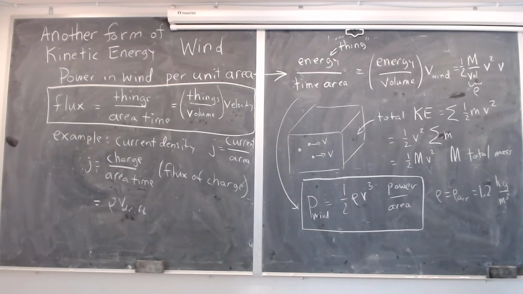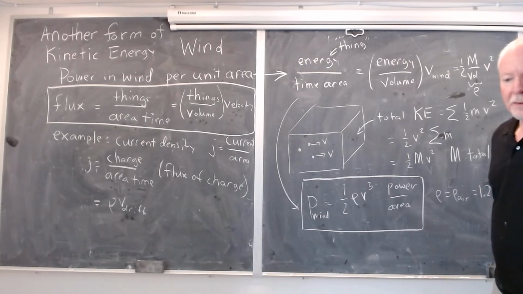And then let's say you put up that same windmill in a place where the average wind velocity was only 1 meter per second, 1/10. Well, the power you would get out of that windmill in the second place would be 1/1000th of the power you would get in the windy place.